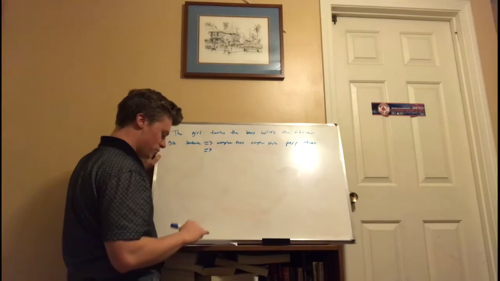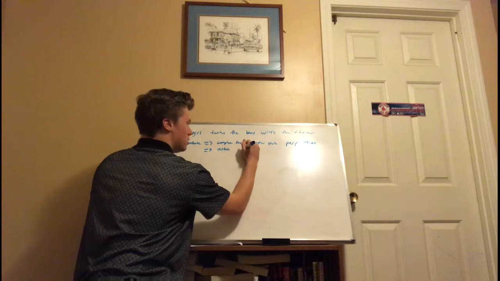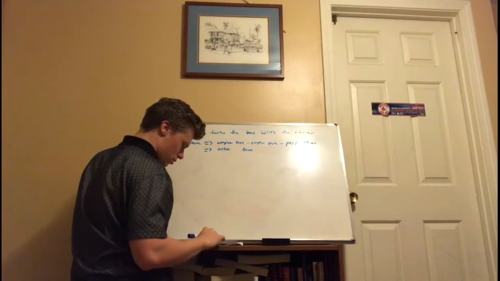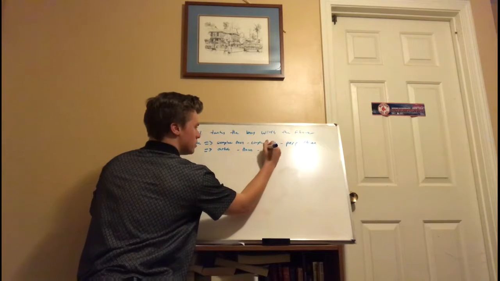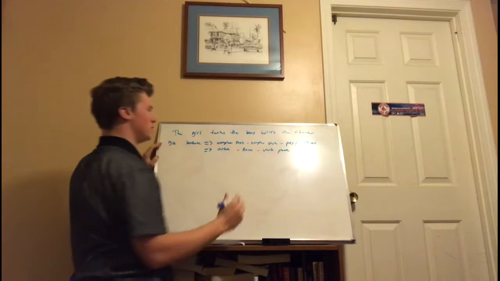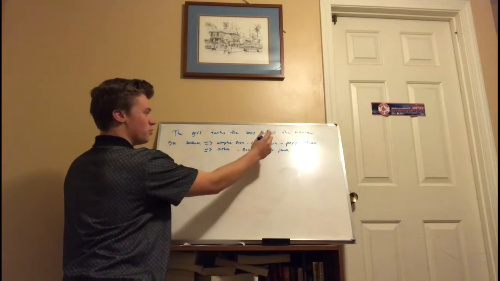A sentence could also be broken down with an article, a noun, and a verb phrase. So this is important for this one because the girl touches the boy with the flower.